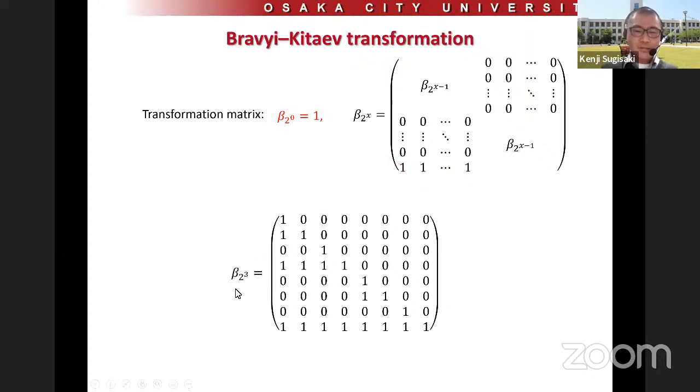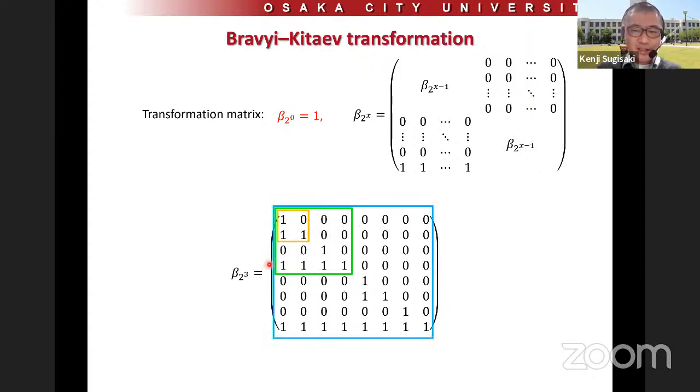So beta of 2 to the third power is written as shown here. As you can see, this is the first beta 1, and the bottom part is 1. This can be regarded as beta 2. So beta 2 can be found as shown here. Again, this upper right part is 0, and the bottom part is 1.